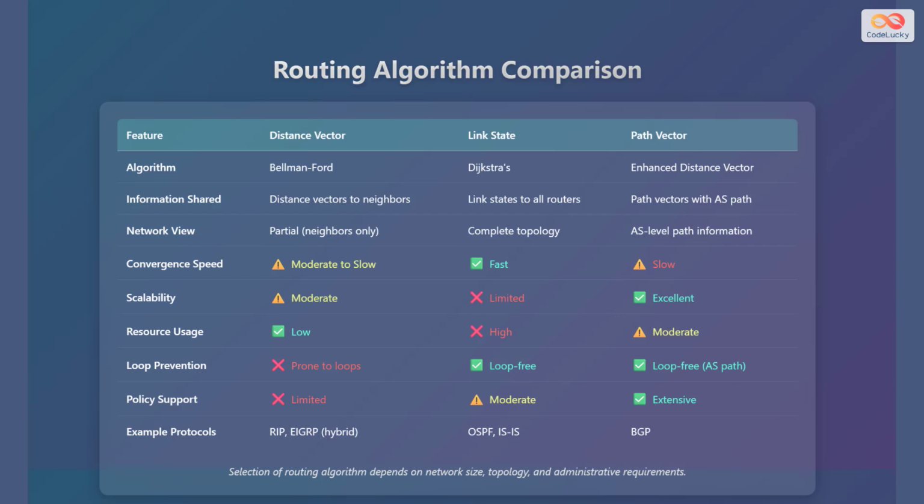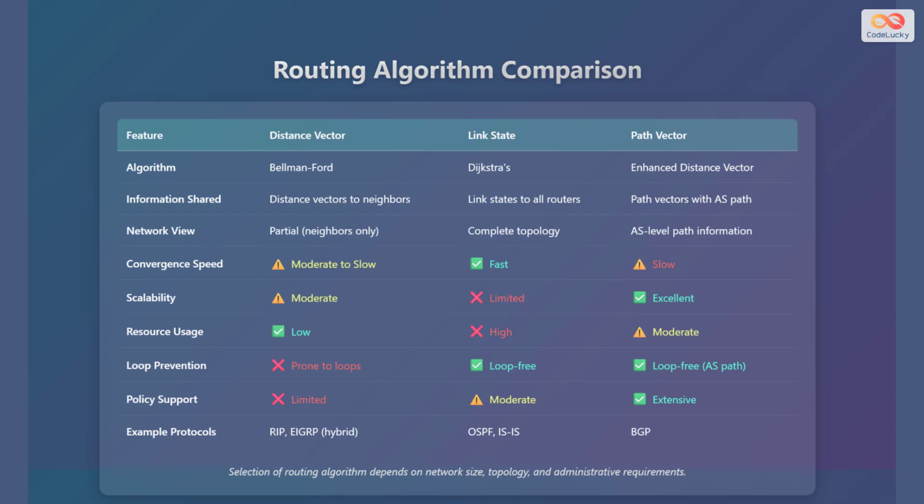Distance vector has moderate scalability, link state has limited scalability, and path vector has excellent scalability. Distance vector has low resource usage, link state has high resource usage, and path vector has moderate resource usage. Distance vector is prone to loops, while link state and path vector are loop-free.